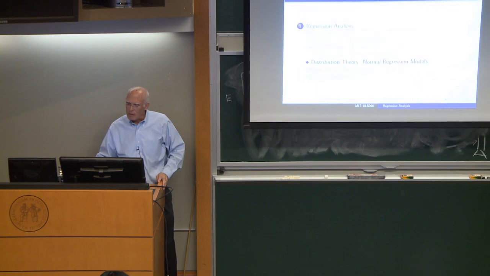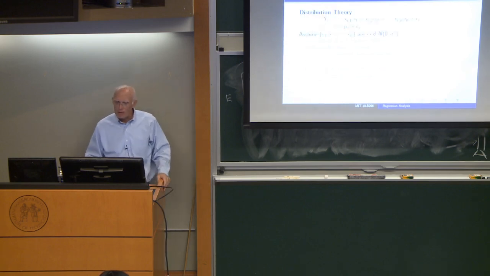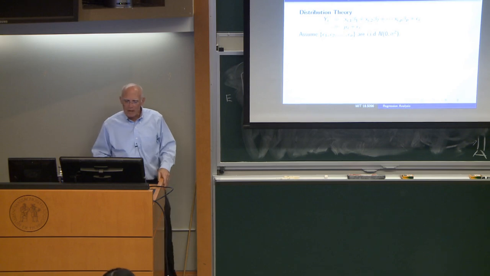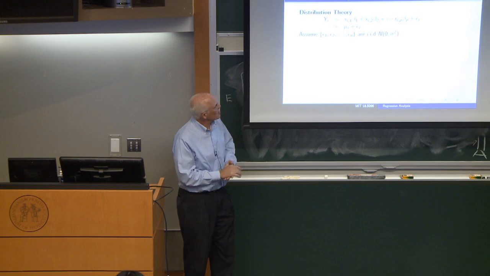All right. So now let's turn to distribution theory for normal regression models. Let's assume that the residuals are normal with mean 0 and variance sigma squared.